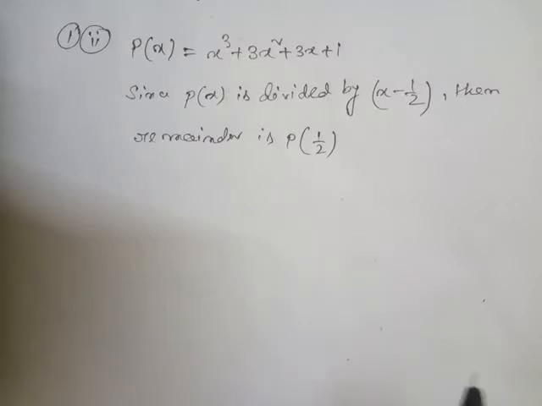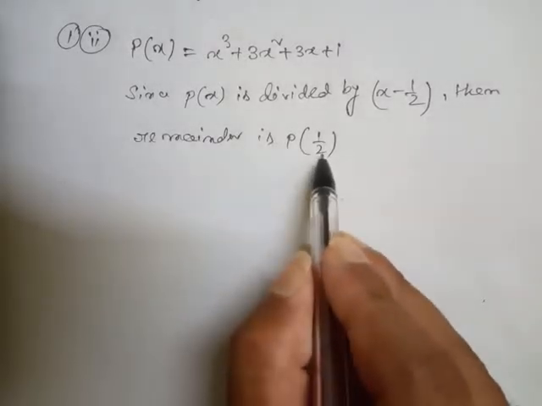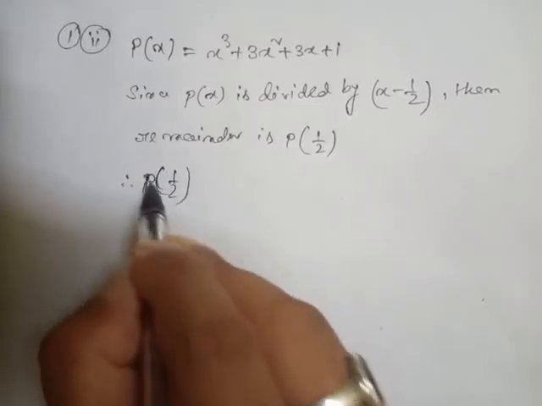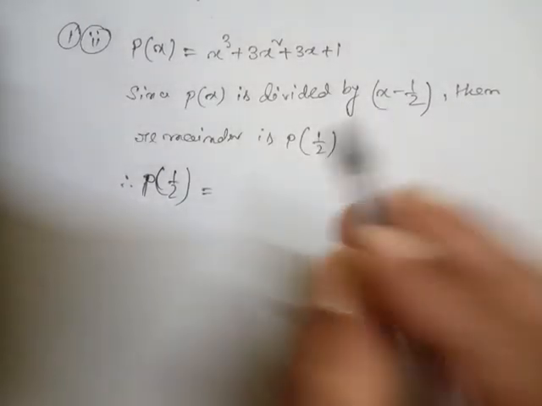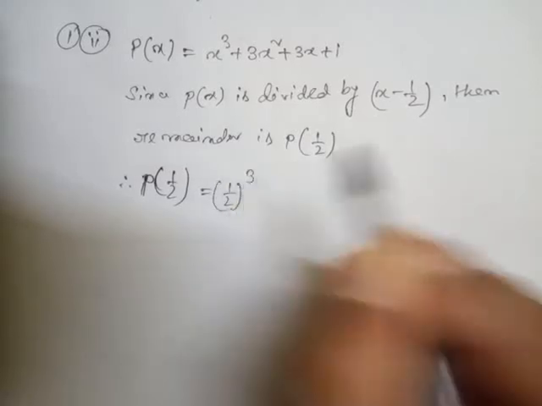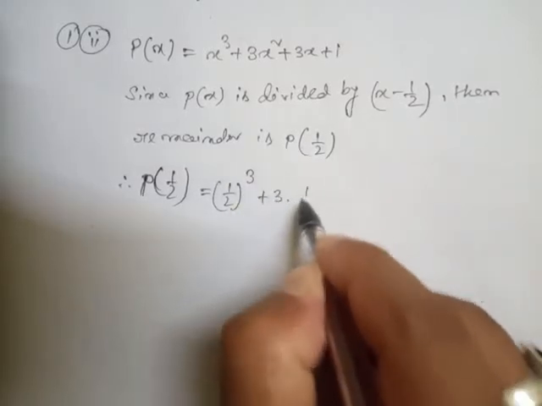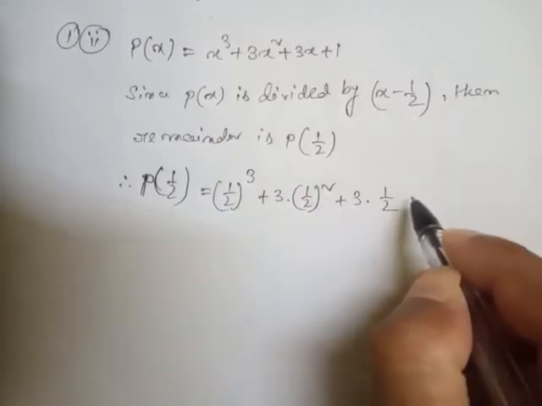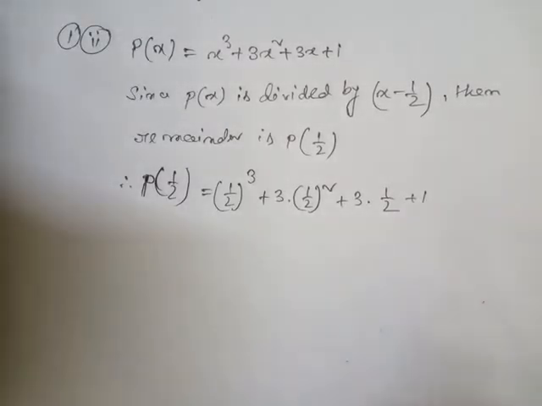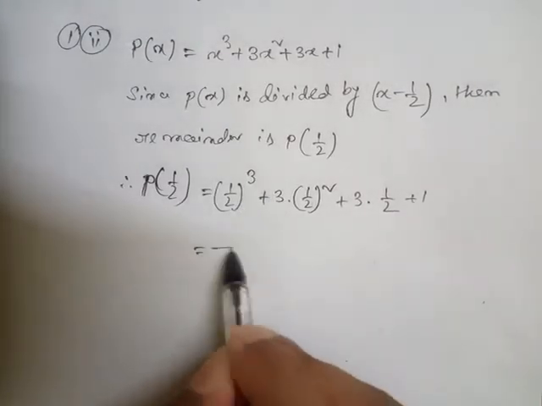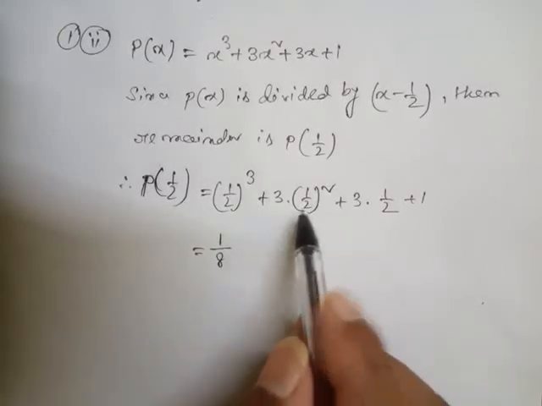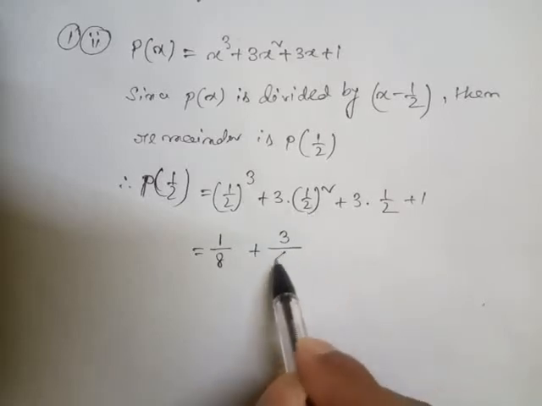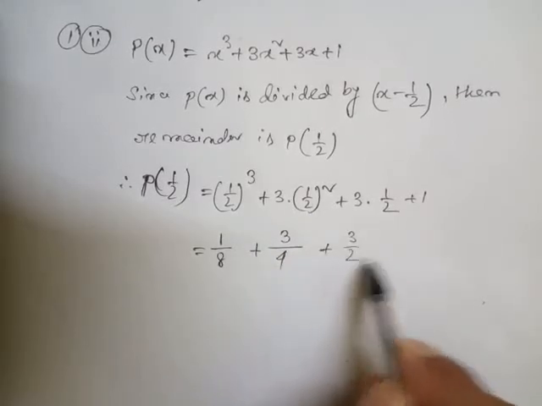Now look, the next one would be, since this is the value of x, so in place of P(half), what we'll write here is, in place of x, I will put the value half cube, then 3 into half square, then again 3 into half, then plus 1. Now the answer would be, look here, 1 cube is 1, 2 cube is 8, and 1 square is 1 and 2 square is 4, and there is 3 by 2 and 1.